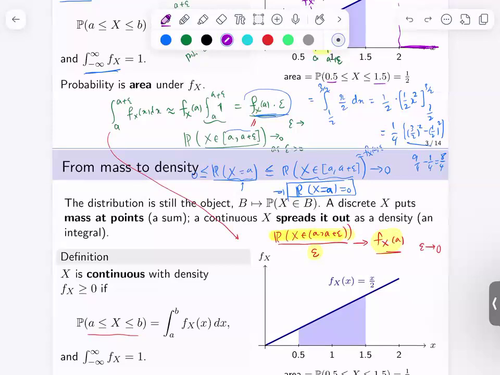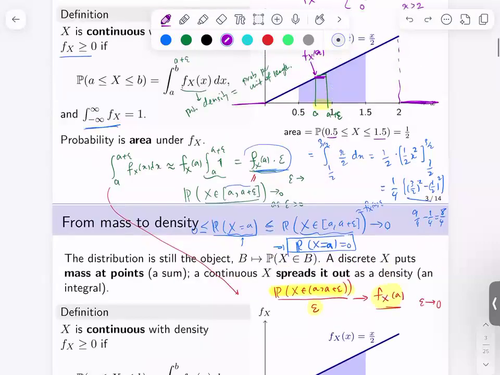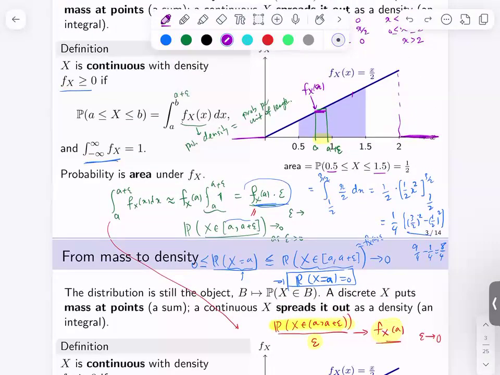A PDF is really probability per unit length at a particular point, and this can vary. Here, for example, this little interval has more probability, so it's more likely that you find x in this interval than in that interval. The exact ratio is determined by the PDF.